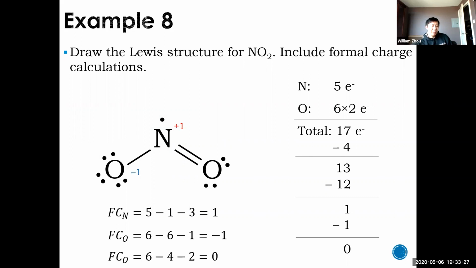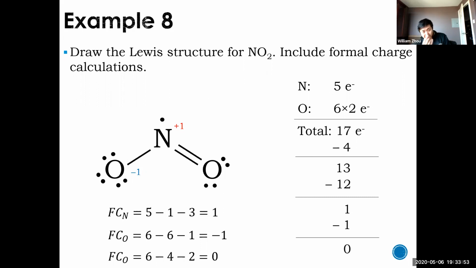And the double bond oxygen is very happy with 6 minus 4 minus 2, that's a 0. So in this question, you don't have zeros across the board. But that's the best you can do. There's nothing you can do to rectify that. All right, you're going to have a +1 and a -1, but that's okay because that's the next best thing to full zeros. All right, does that make sense, guys?